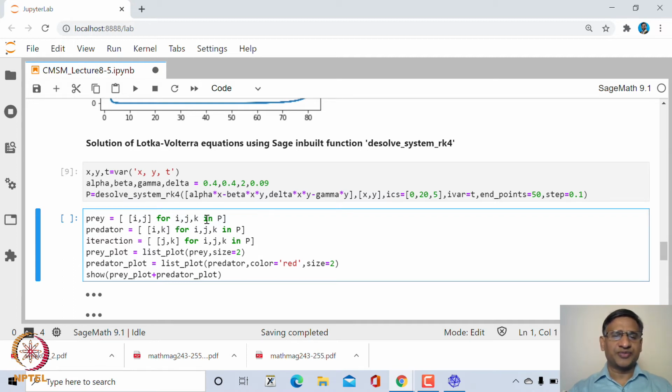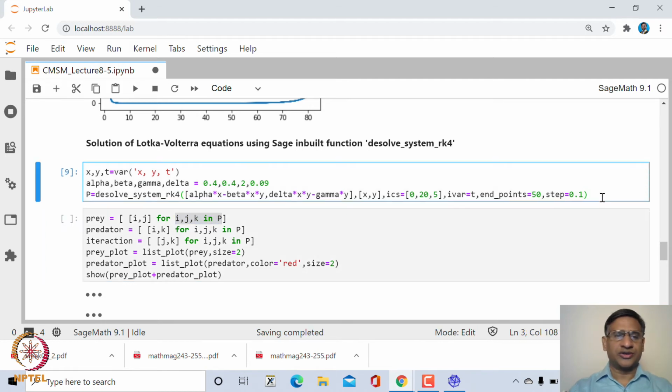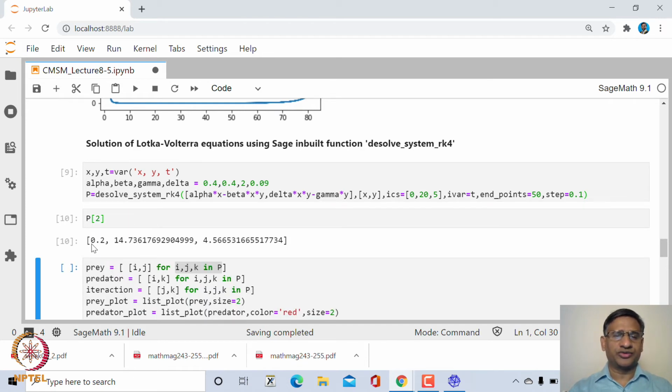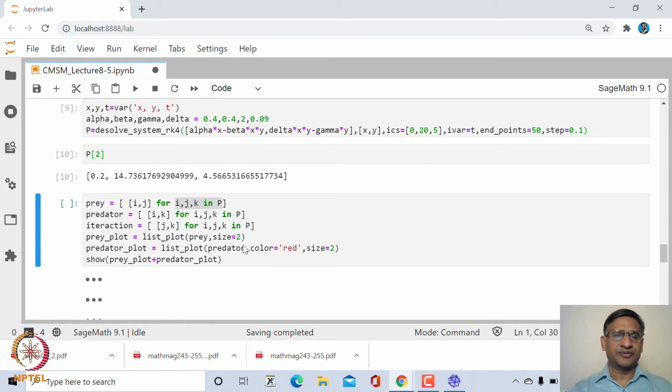So, that is why it will give you a list of 3 real numbers. If you want, you can just see here. Let me run this separately. Let us say p of 2. So, p of 2, you can see here, this is 3 elements, right.